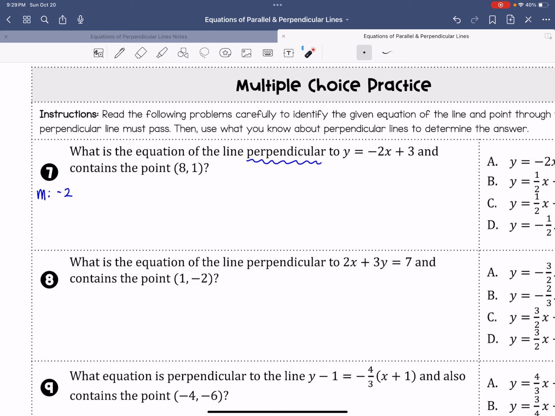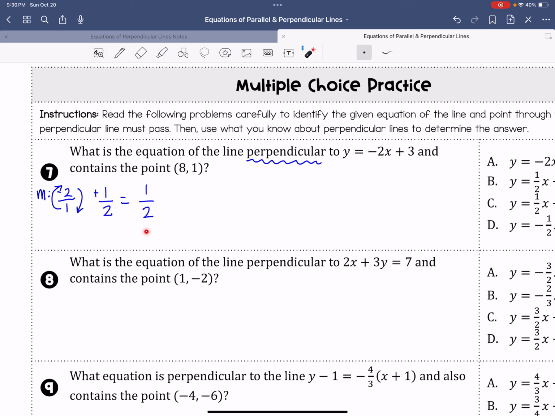And in order to do that, I know that in order to find a reciprocal, my slope has to be a fraction. So what I'm going to do is I'm going to put negative 2 over 1. I'm going to flip my fraction, so I get negative 1 over 2, and I'm going to change my sign from negative to positive. So here, my slope ends up being 1 over 2. So again, finding your opposite reciprocal means that I'm flipping my fraction and changing your sign. So here, we started off with a negative slope, and now you're going to end up having a positive slope.